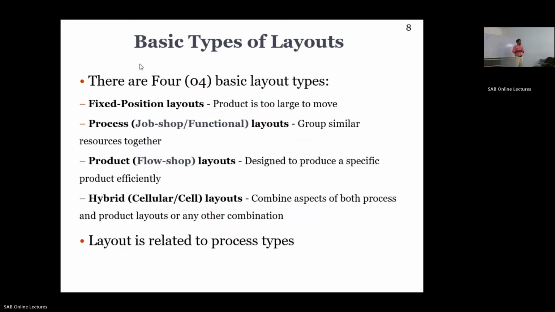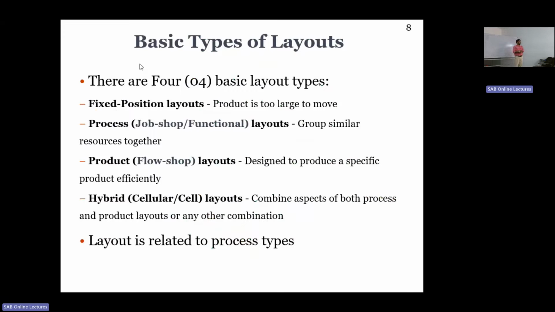Third one, we call it product oriented layout, known as product layout. Their characteristics are different. How the resources are arranged, that's different. And the fourth one, we call it hybrid layouts.